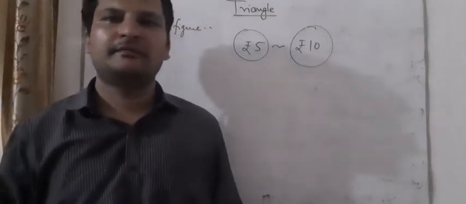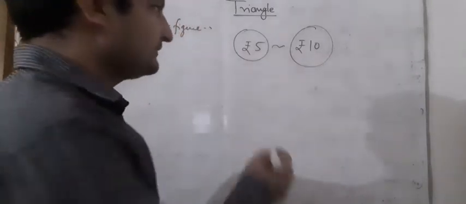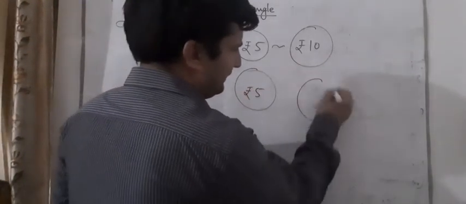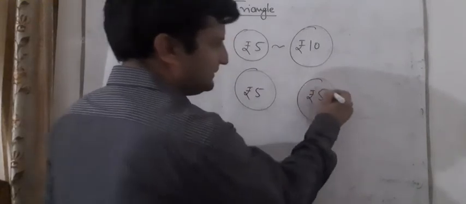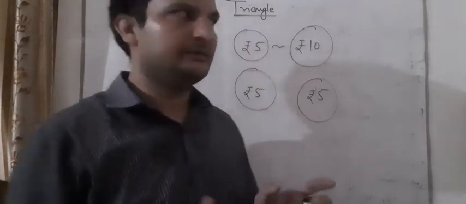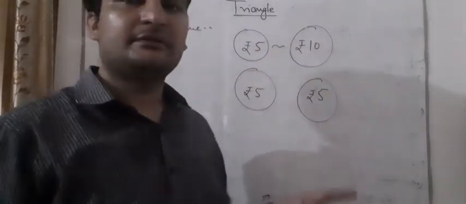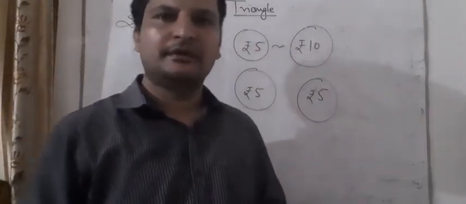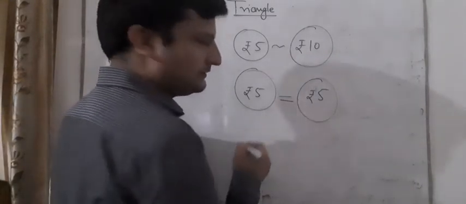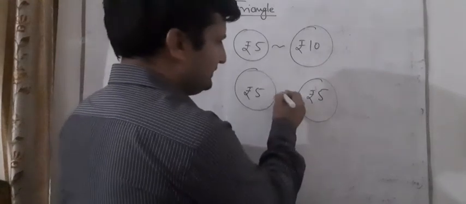Now students, suppose I am taking a ₹5 coin and again a ₹5 coin. These two figures are of the same shape and the same size. So you can say that congruent figures are those figures which are of the same shape and the same size, and we can use the equal to sign and this sign also.